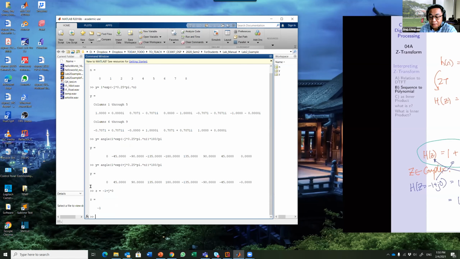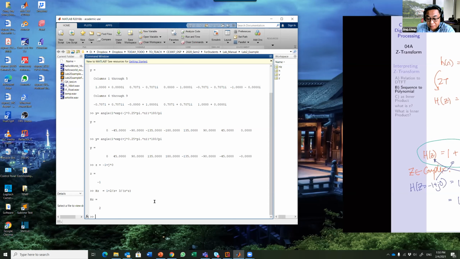So that's my initialization of z. And then my H(z) equals 1 plus 2 divided by z plus 3 divided by z times z. And the answer is 2.